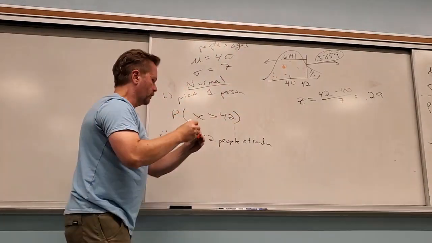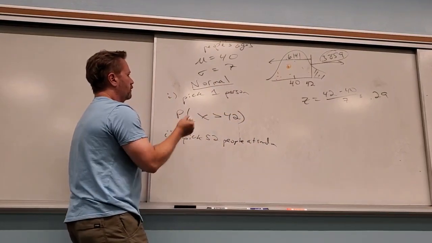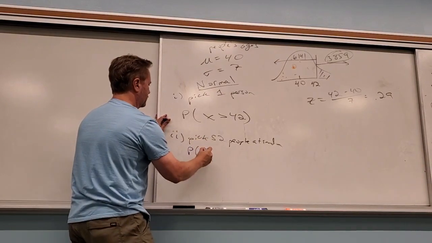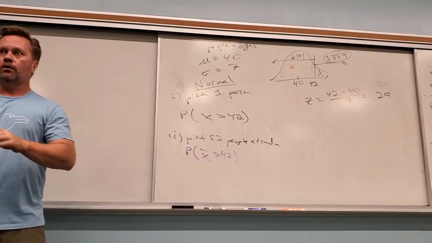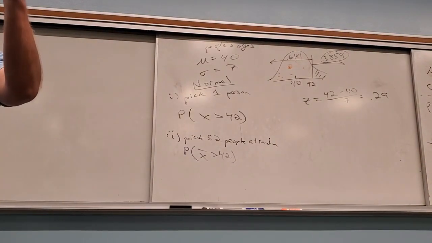So, to connect it to what I said earlier, if I pick 52 people at random, and I ask the probability that the sample mean is greater than 42, what's the very first thing I should do? One way I never teach is to first say what I'm about to say.